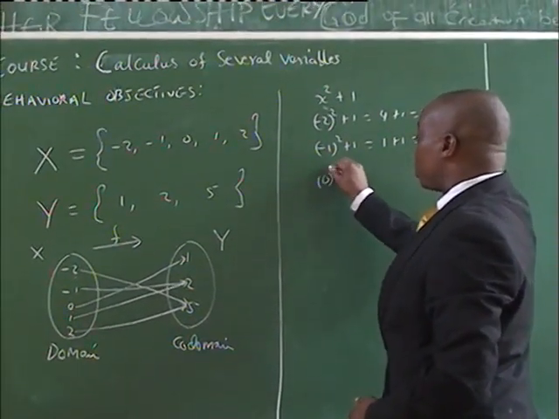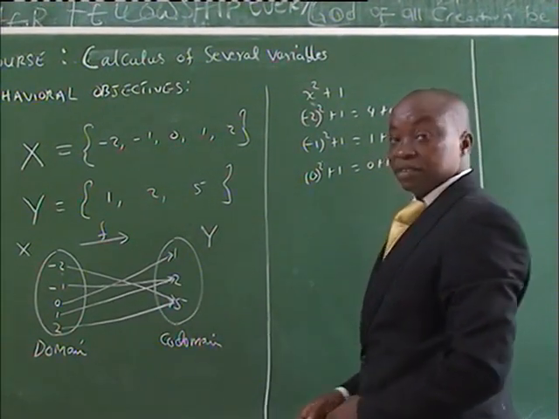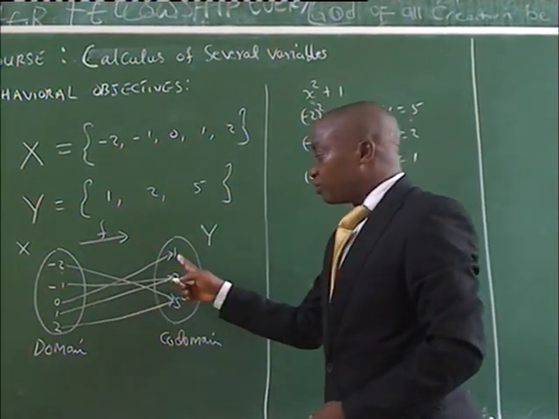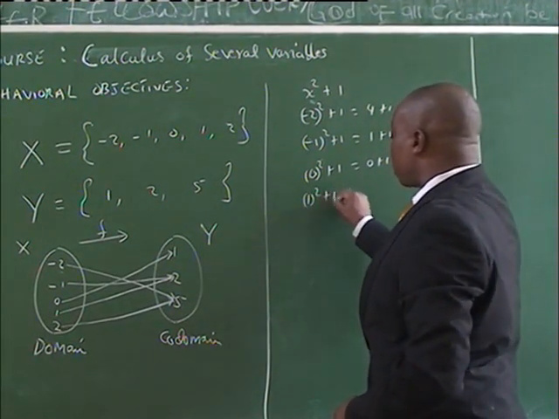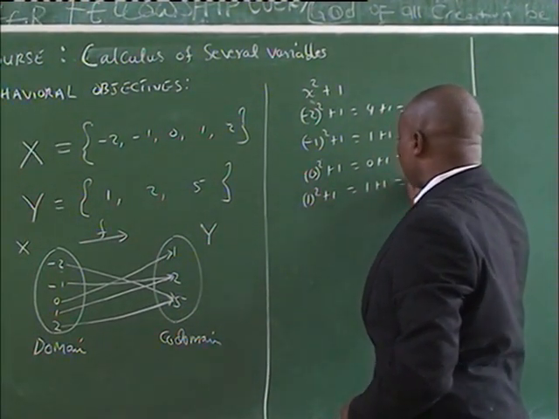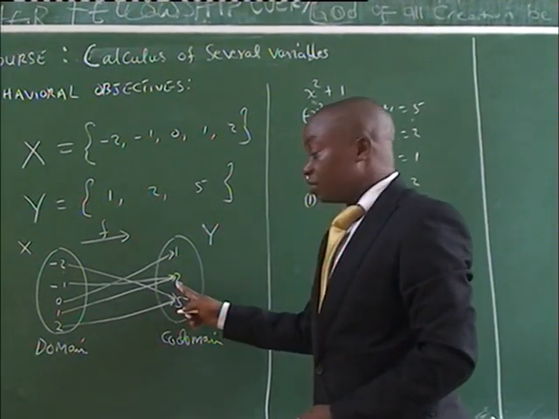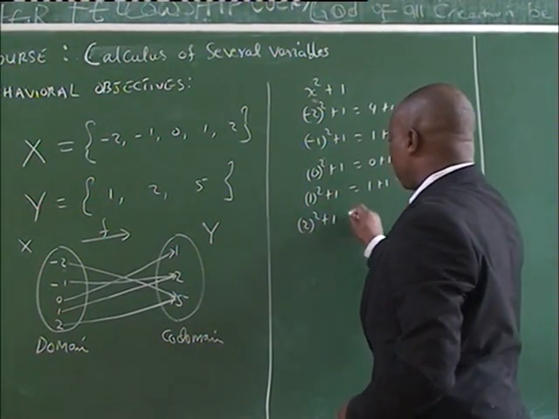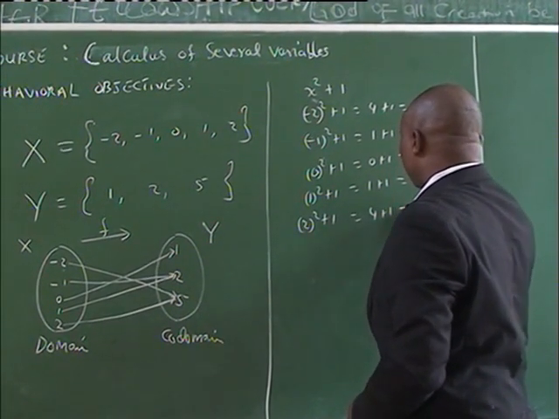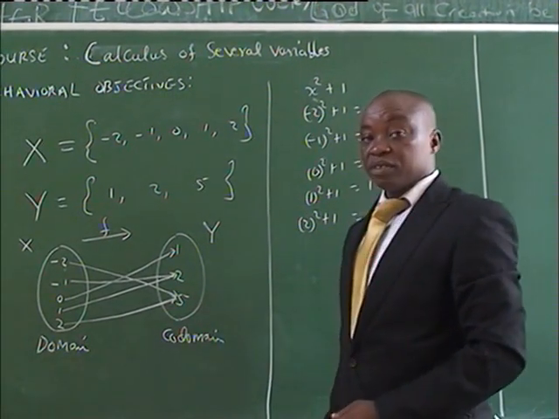If I put 0 squared plus 1, I will have 0 plus 1, which is 1. So 0 moves to 1. If I put 1 squared plus 1, I will have 1 plus 1, which is 2. That's why 1 also maps to 2. Then for 2 squared plus 1, I have 4 plus 1, which is 5. So 2 maps to 5.